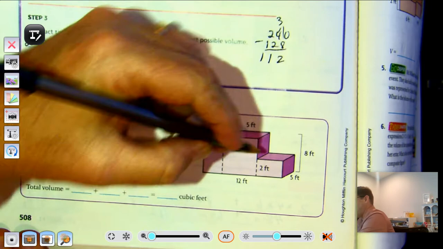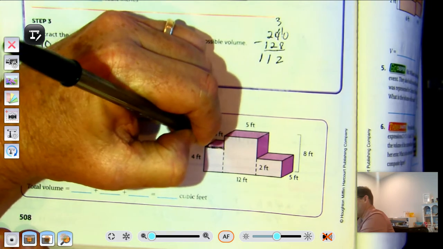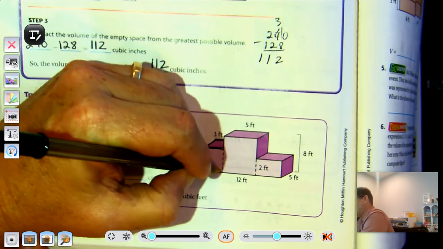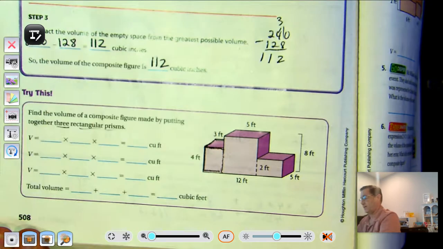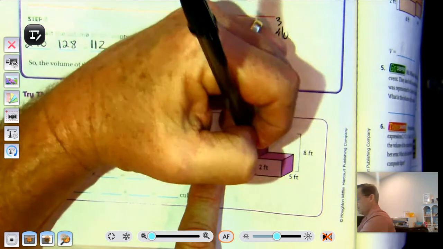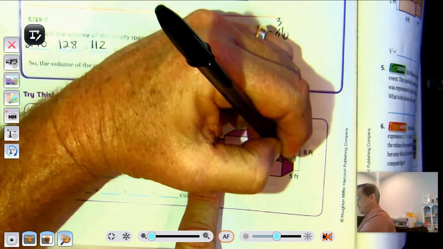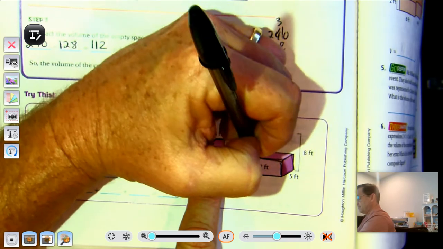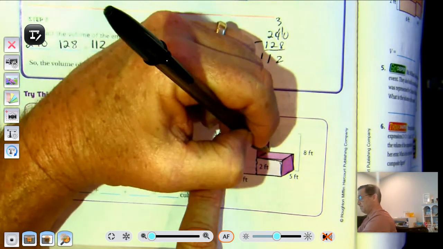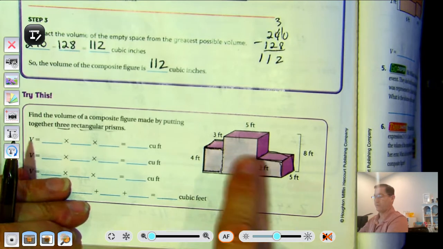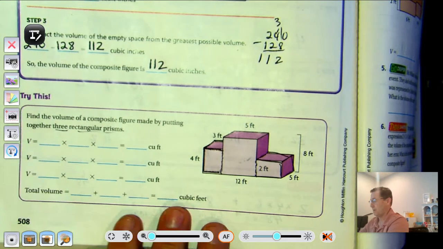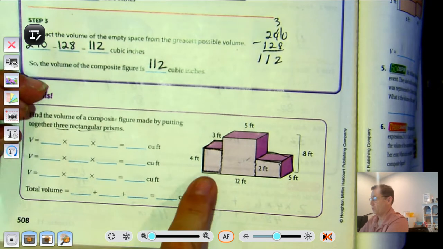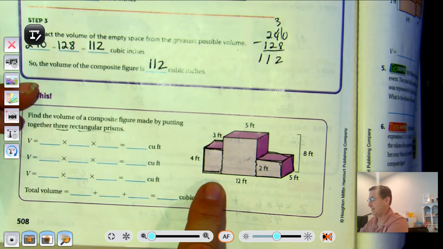Okay, so we have this rectangular prism, right? So this one, we have the one on the left-hand side. We have this one, and we have the one in the middle. All right, so what is the volume of the one on the left? Well, what's the length?